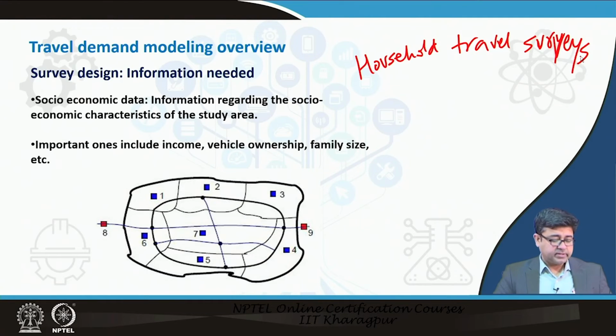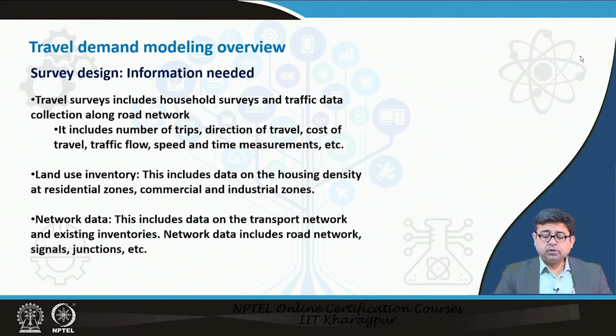The other type of surveys that are conducted include traffic data collection along roadway networks. So you would have to have information about what is the existing volume of traffic on your highways. In order to do that, you have to collect data about the traffic volume on your roadway network.